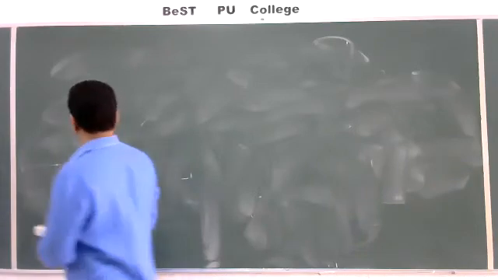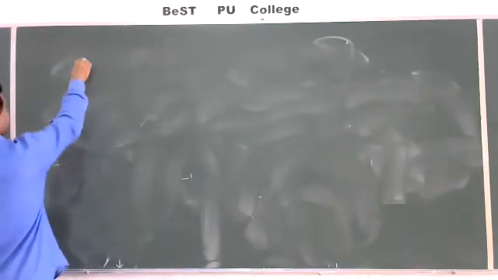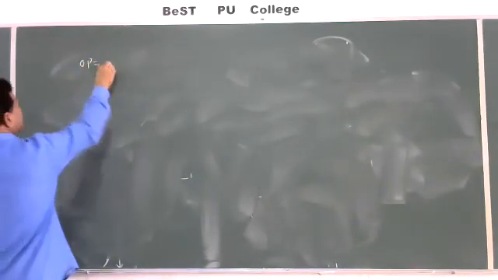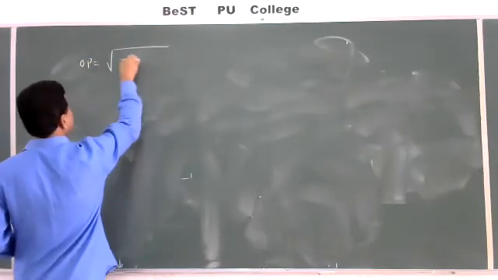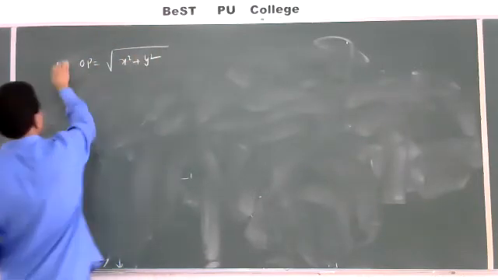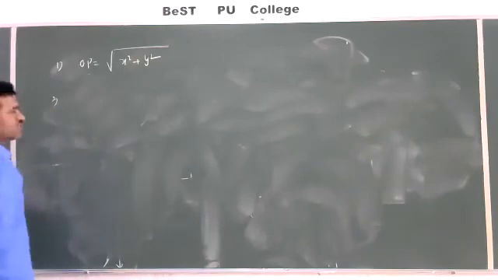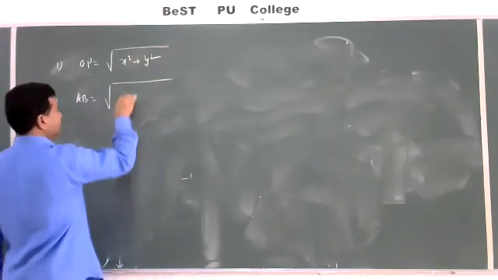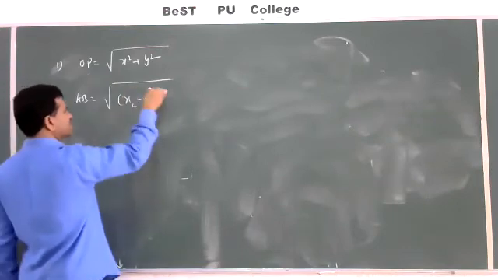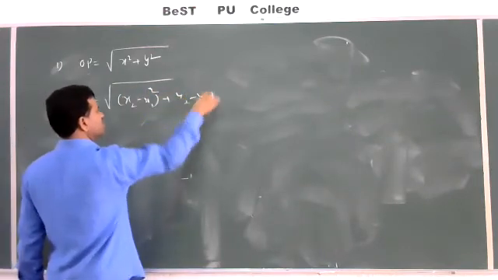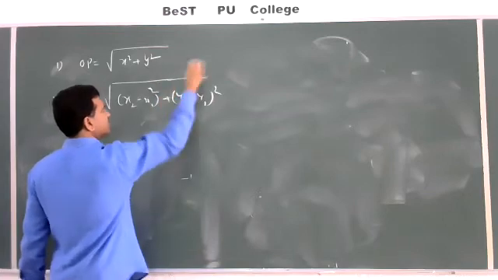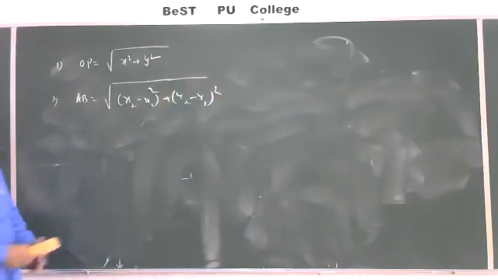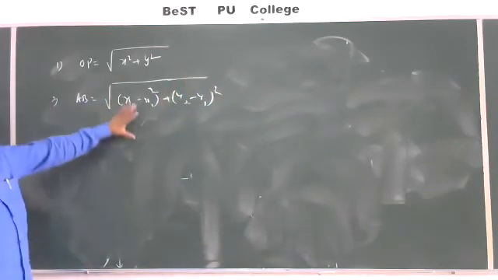So today we practice 2 formulas. One is the distance of the point from the origin, which is square root of x square plus y square, the first formula. Second one, the distance between 2 points AB is equal to square root of x2 minus x1 whole square plus y2 minus y1 whole square. Okay, so as 10th standard students and in PUC also, the direct formula is enough.